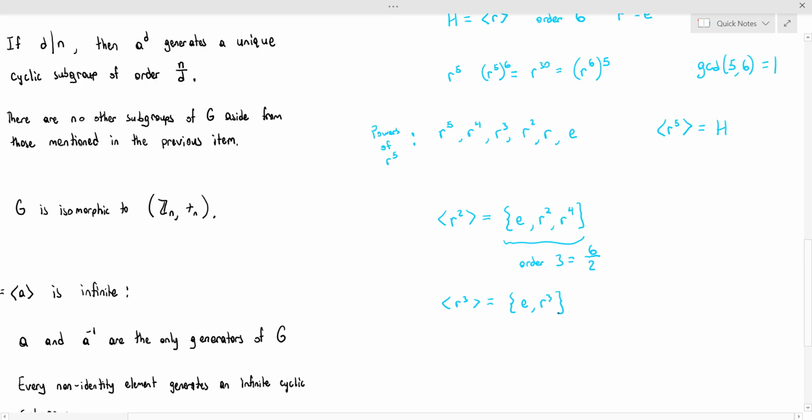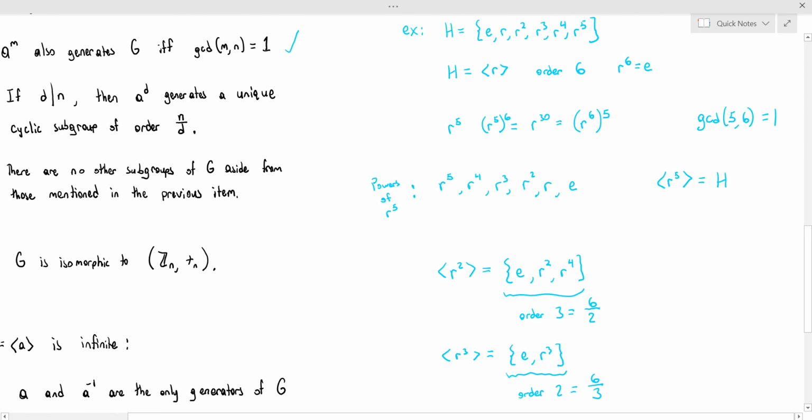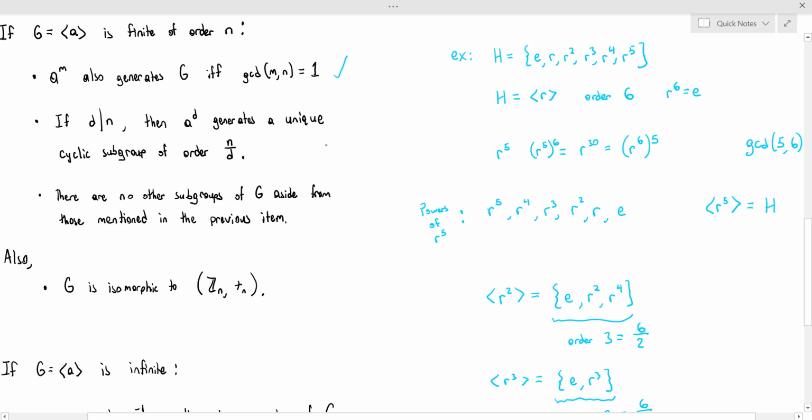So again, r cubed does not generate the entire group, because we do not get all the elements of H just by considering powers of r cubed. Instead, r cubed generates a cyclic subgroup of H, and the order of this cyclic subgroup happens to be 2, because there are only 2 elements in it. In other words, the order is n over D, 6 over 3. That's what the second item is talking about.